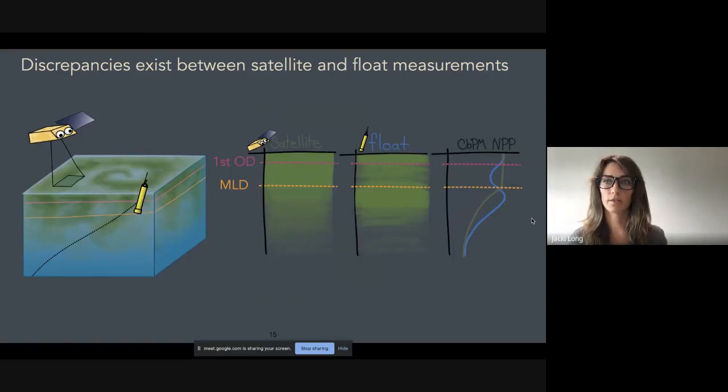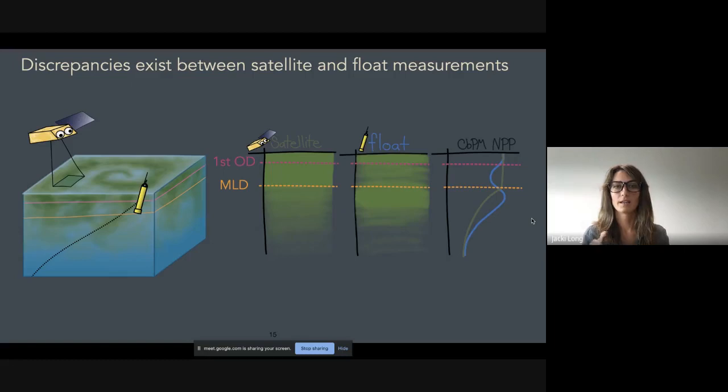And then the second major factor that may lead to more systematic discrepancies that we can look into is that we're comparing depth-resolved data to data that's collected just within the first optical depth. That would be what the satellite sees. So the first optical depth, the representation of that shown here, is in pink. The mixed layer depth estimate is in orange.